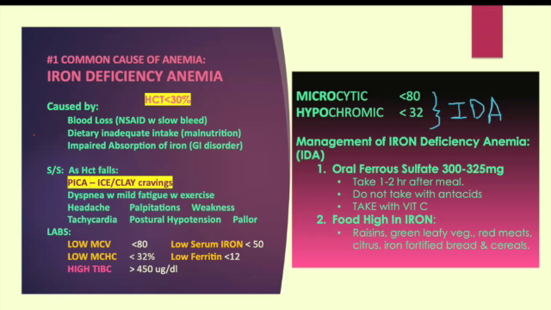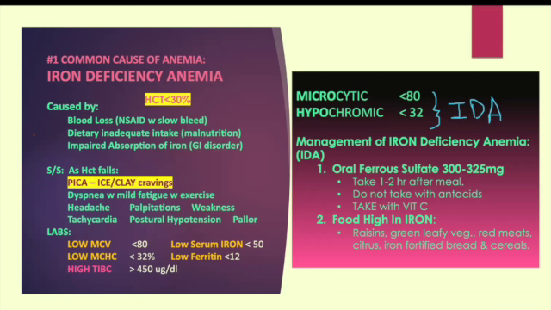And that's going to be your indication that this patient has an iron deficiency versus a different one that we may go over later. The high total iron binding capacity being greater than 450 for a patient that has a low H&H would be an indication that possibly that patient has iron deficiency anemia versus a different anemia.